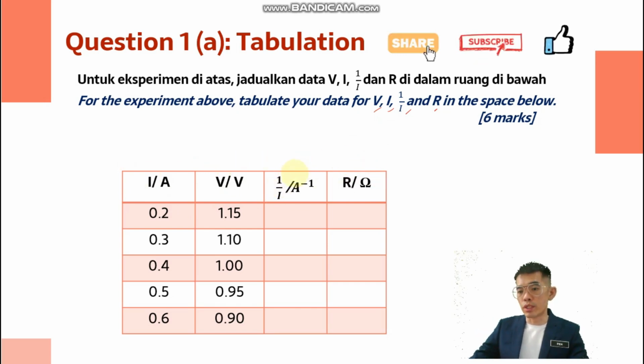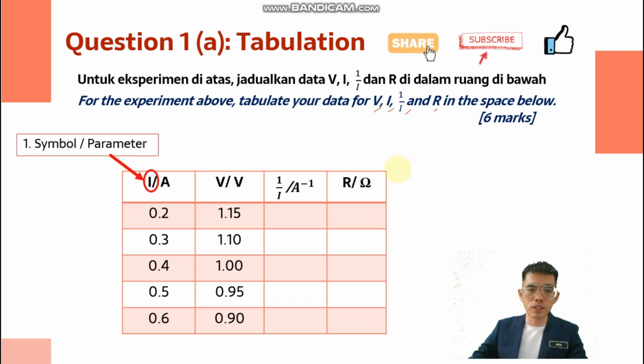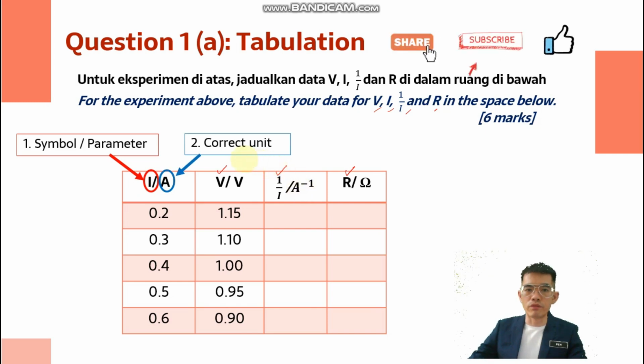There are 3 important tips for tabulation, and make sure you fulfill these 3 tips. The first, you must give all parameters or symbols. Here they will be I, V, 1 over I and R. Make sure you write all the symbols at each column. Second, you have to give the correct unit.